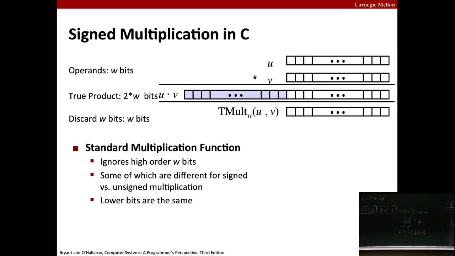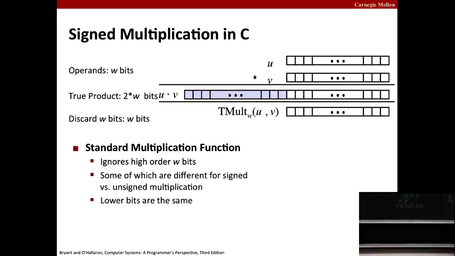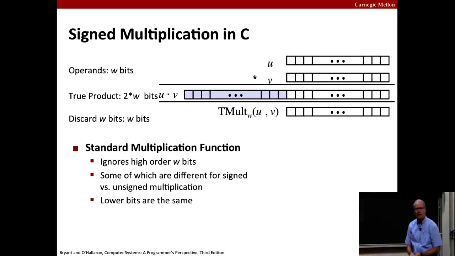Again, with this two's complement stuff, one interesting feature is that it works for negative numbers too, if you do this trick of throwing away the high order bits. And you'll have overflow cases like before because you're throwing away information. But the lower bits, if the number is representable, you'll get the right result.